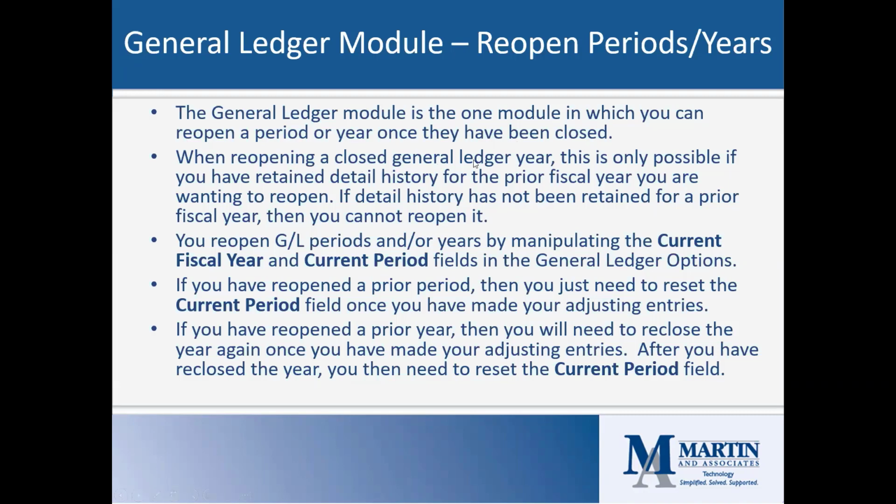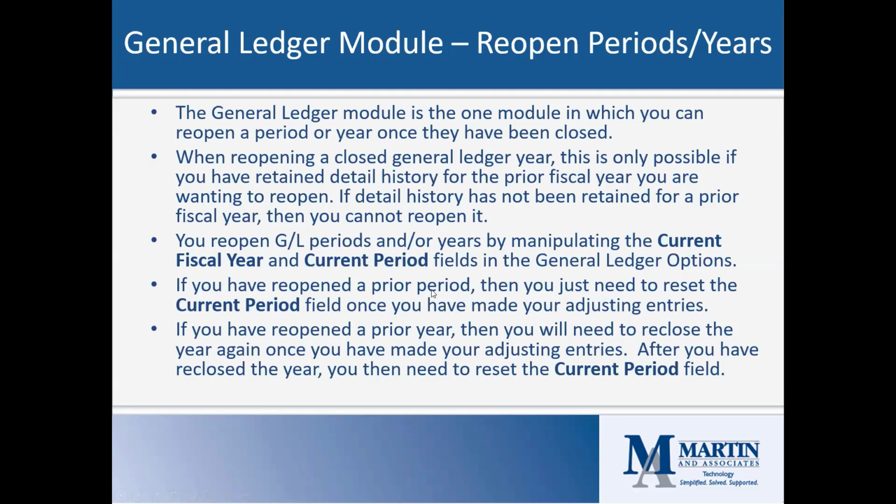So when reopening a closed general ledger year, this is important. It's only possible if you have retained detailed history for the prior year, because if the history's gone, you can't do it. You reopen the GL periods and or years by manipulating the current fiscal year and current period in the options. We'll talk about that in a second.